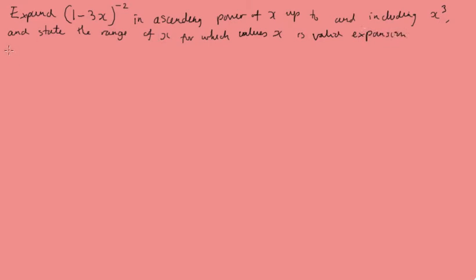So we've got n equals minus 2. We've been doing 1 plus x to the n, and n's minus 2, but we can replace the x by minus 3x.